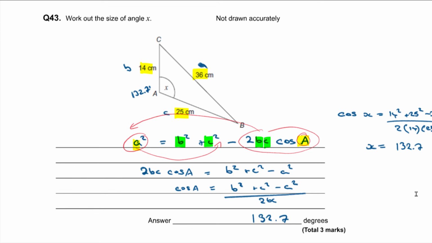And 132.7 kind of matches that picture. They're not drawn accurately, so it's not going to be a 100% guarantee you're right or wrong. But if it looks right, it's probably right. But if it looks wrong, it's probably going to be wrong, and you can go away and check it in the exam rather than waiting for your results to come back to find out it's wrong.